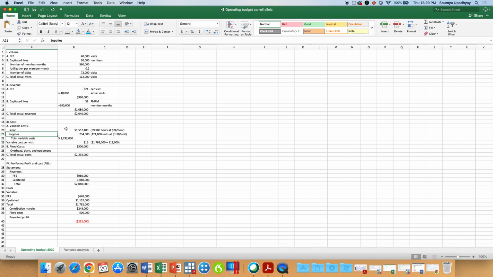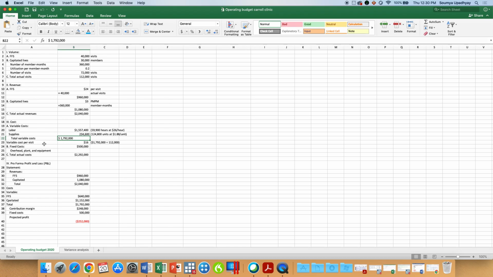The labor is 1.5 million in cost, which is calculated by 60,000 hours, approximately, at $26 per hour. And the supplies is 124,800 units at 1.88 per unit, which gives us 234,000 in supplies. So the total variable cost is approximately $1.8 million.